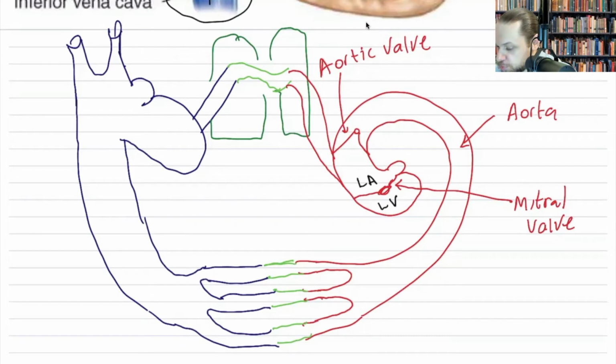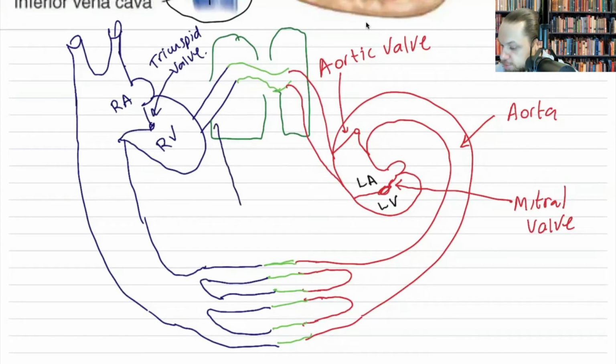So this will be your right atria. This will be your right ventricle. This valve here is your tricuspid valve. And this is going to be your pulmonary artery.